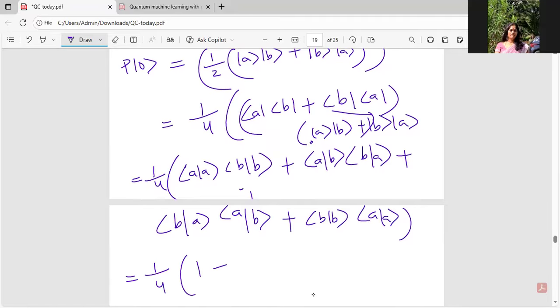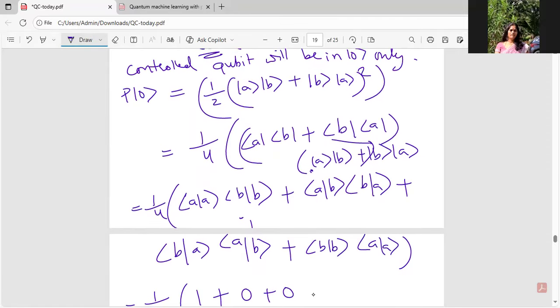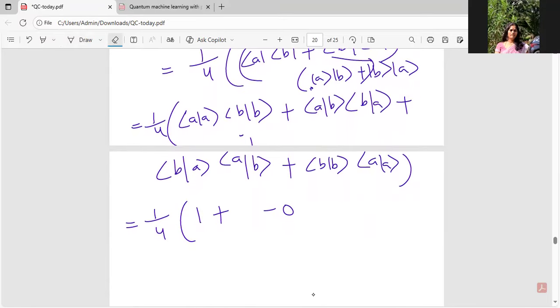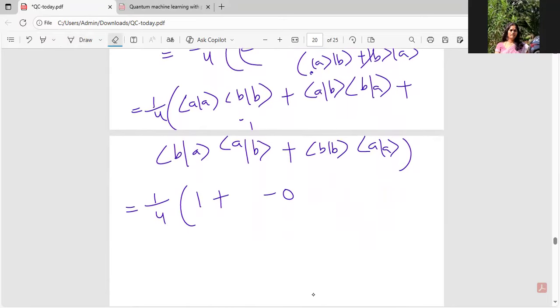So what I'll have is 1 plus this one is 0 plus 0. Of course, 0 probably I need not say. I can write it as twice because the same term is there two times as of now. So what do I get would be, this is 2 and this is 2 into the inner product of AB, the inner product of BA.